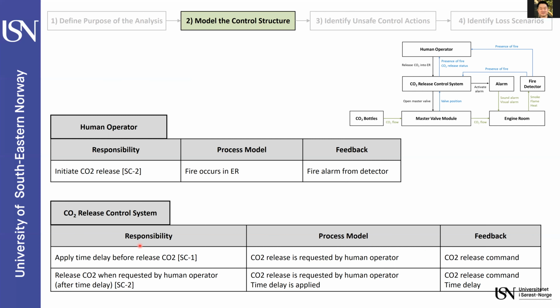Another responsibility is to release CO2 when requested by the human operator, and of course, after the time delay. For this responsibility, the process model is that CO2 release is requested by the human operator and the time delay has been applied. And the relevant feedbacks are the CO2 release command and the time delay. This is the control structure and the responsibilities, process models, and feedbacks of our CO2 firefighting system.